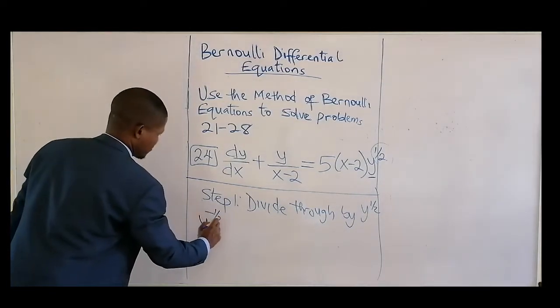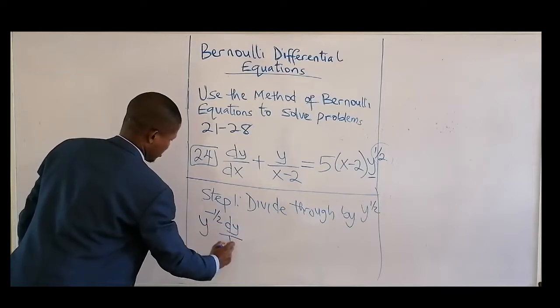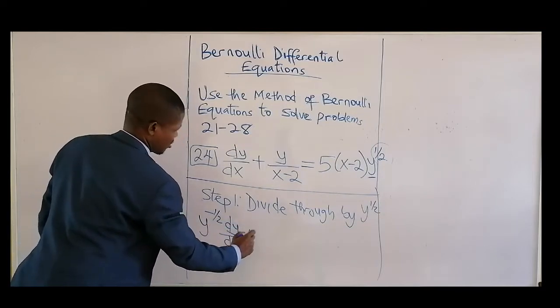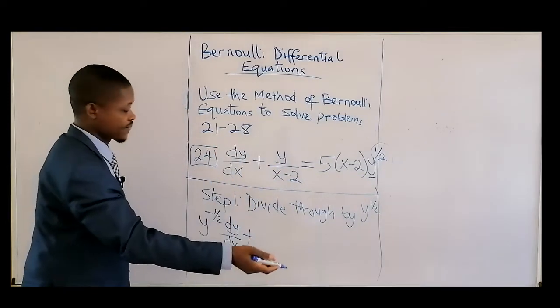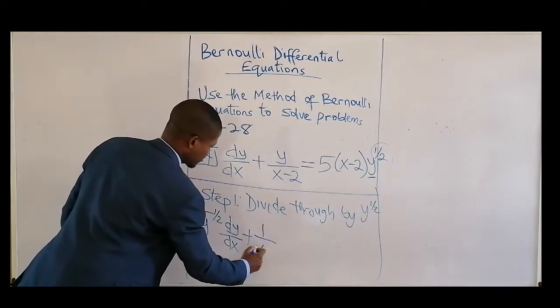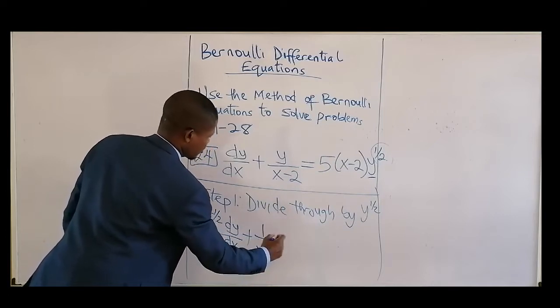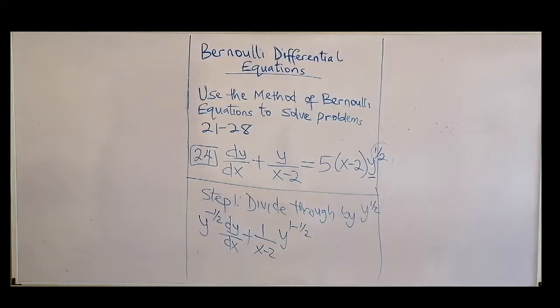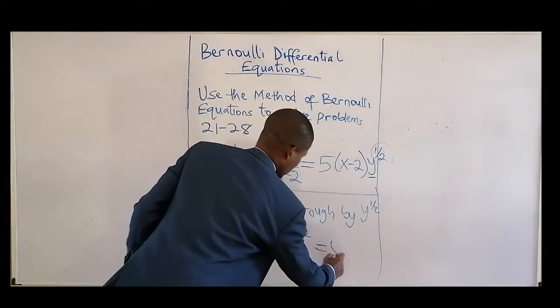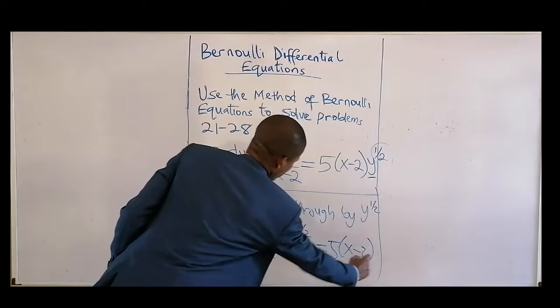y to the minus half dy/dx plus, this one you have to separate it, p of x times y, so that we go to 1 over x minus 2, and this is y to the power 1 minus half, equal to 5 into bracket x minus 2.